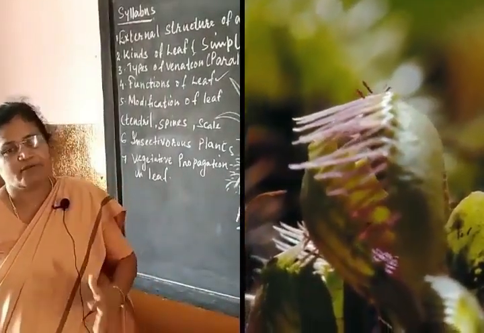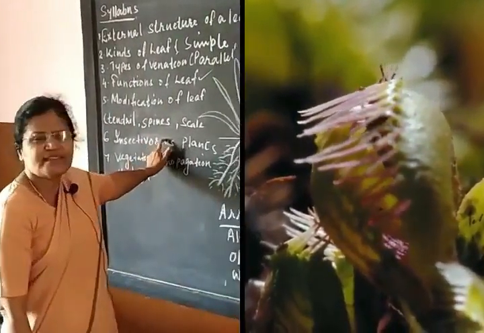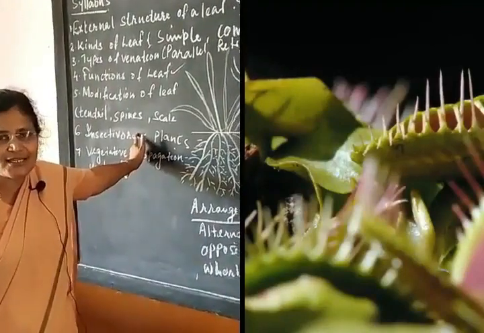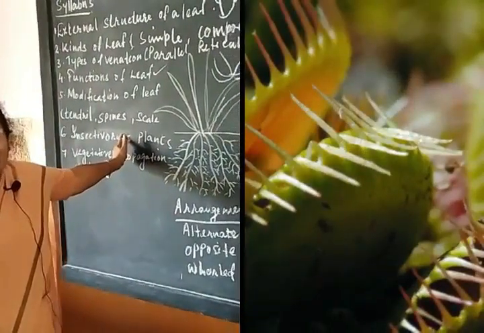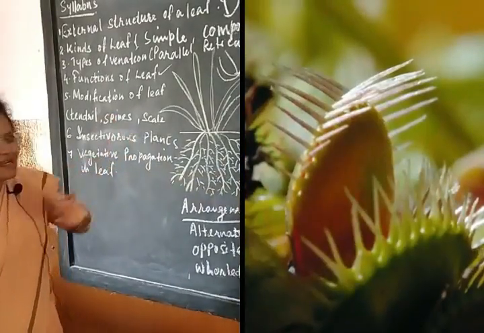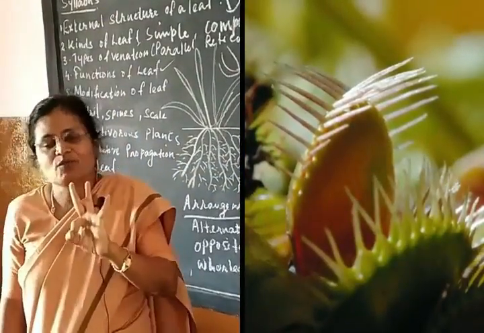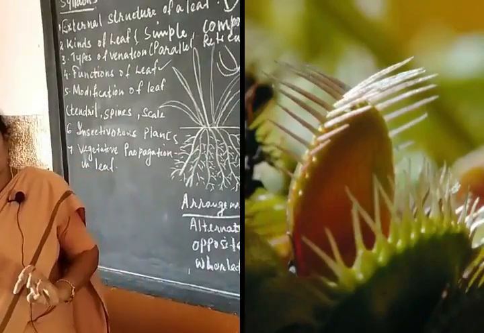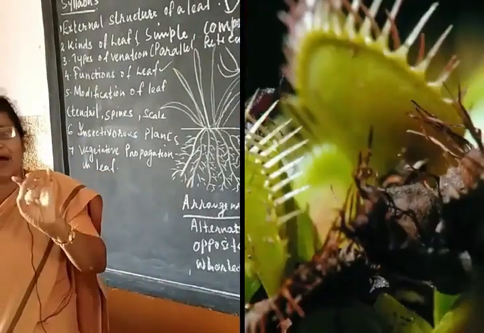But in this case they eat only the insects. It is so interesting. So plants also can eat insects and live on them. Now there are three different examples you have. One is your bladderwort, then you have Venus flytrap, then you have pitcher plant.